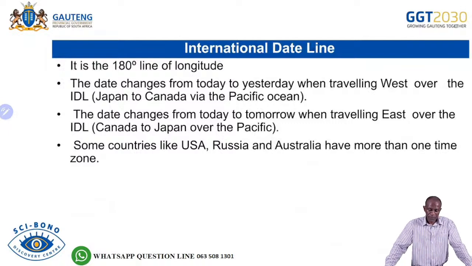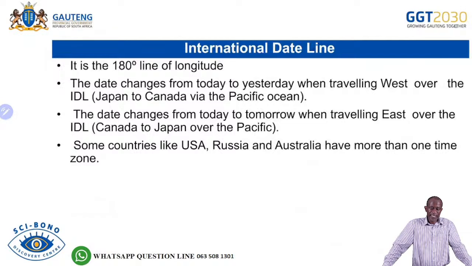So the 180 degrees separates between today and tomorrow, yesterday and today. So once crossed, you either add or subtract a day. Eastwards you'll add, and westwards you will subtract.